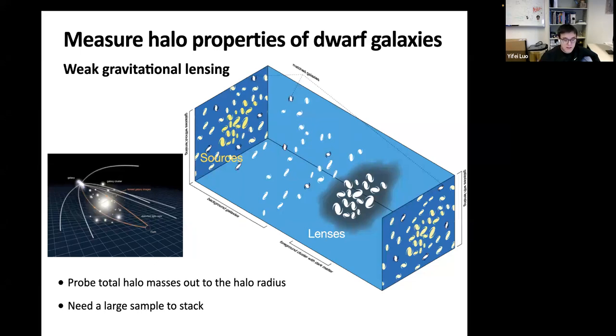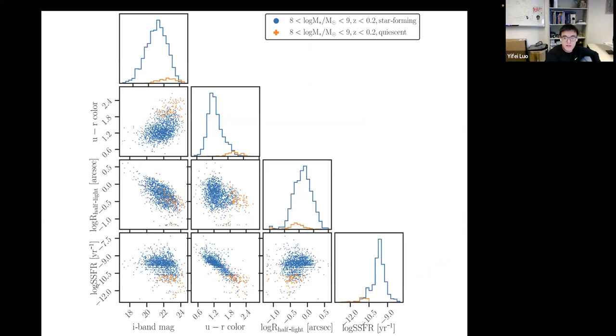So back to our dwarf galaxies. This is a sample of dwarf galaxies in the nearby universe, below redshift 0.2, between 10^8 and 10^9 solar masses. It gives you a basic idea of what their properties look like. For example, their apparent magnitude in the i band can go all the way to 24th magnitude.